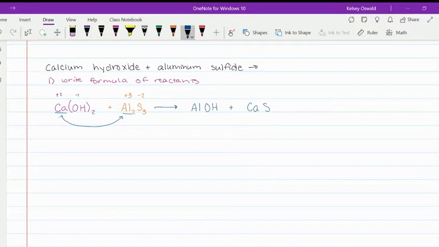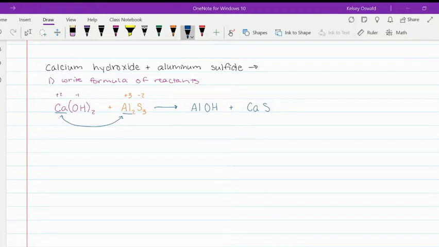Make sure that when you write the formulas for your products, you write the positive charge first. Positivity always comes before negativity. The positive ion comes first. We can't just assume these formulas are AlOH and CaS. Just like before, we need to double check with those charges.